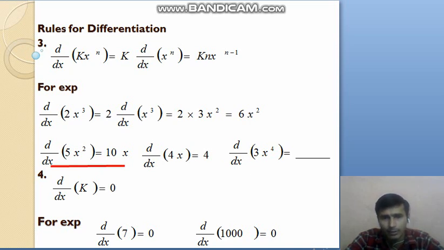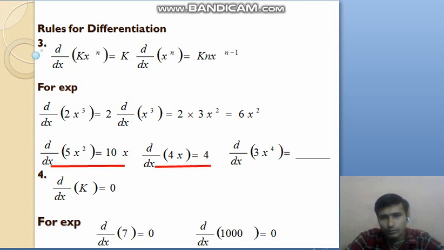5 multiplied by 2, that is 10, and if we decrease the power of x by 1, that is x, right? Similarly, d by dx of 4x is equal to 4 constant, and differentiation of x is 1, so we get the answer 4, right?